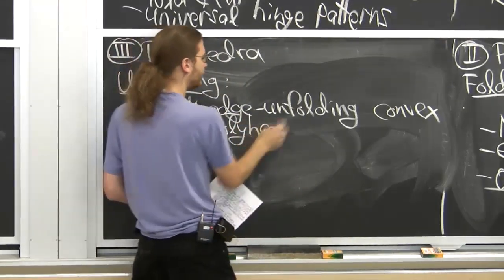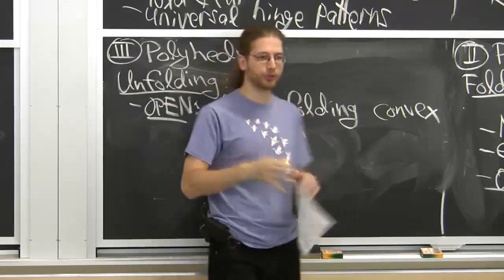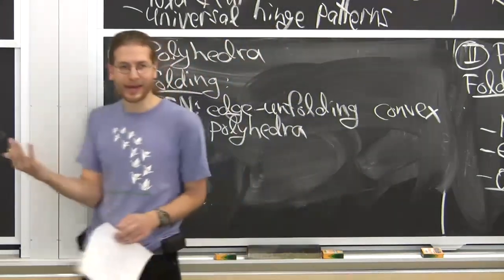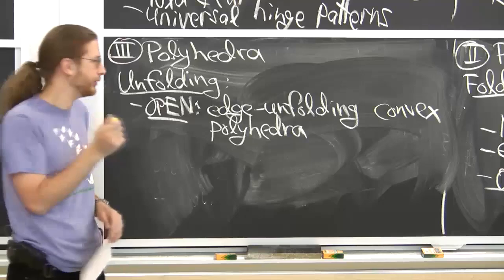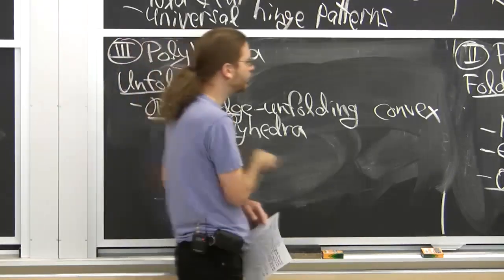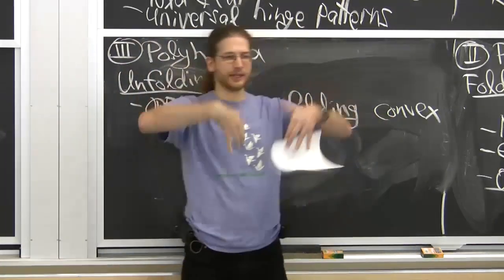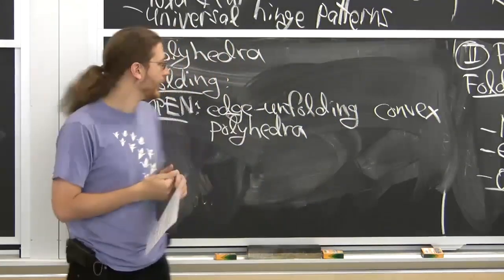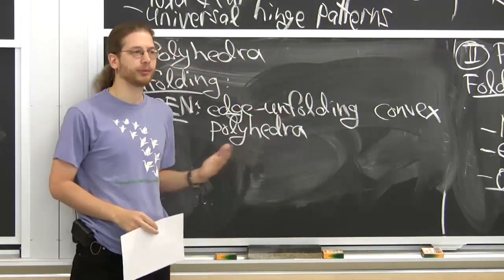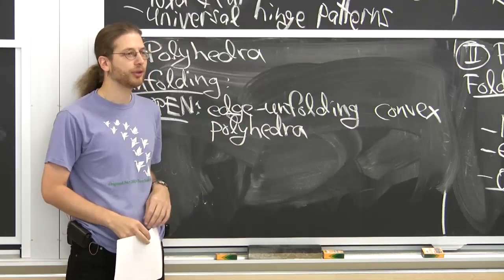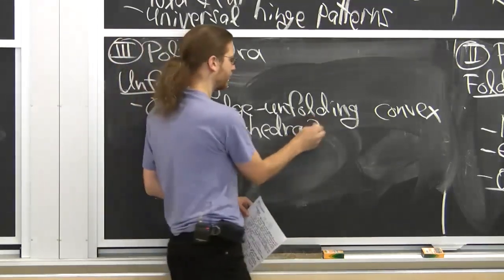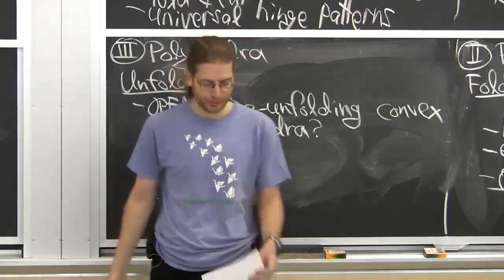At the beginning of class, I showed you a cube which you could unfold into a cross. I was only cutting along edges of the cube. That's edge unfolding. The cube is a convex shape. It doesn't have any dents. And I got to unfold it in one piece without overlap. Is that always possible? We have no idea. Can every convex polyhedron be unfolded in that way?